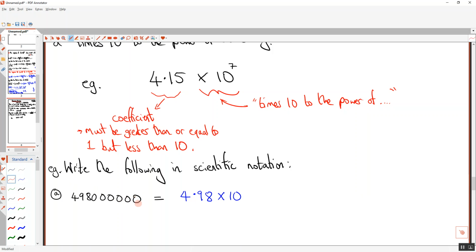Yeah, it's more to do with the decimal place. Yeah, you could do that actually, that would work.